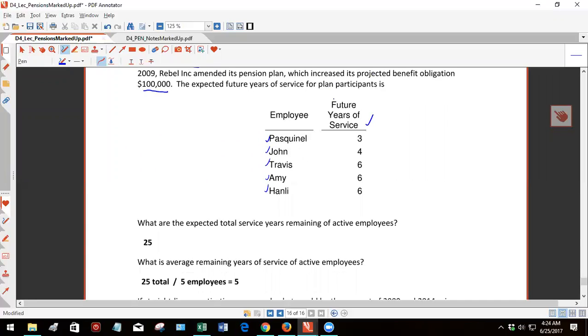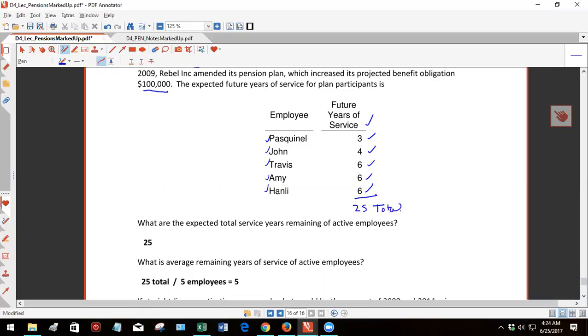All right, so we expect Pasquinel to work 3 more years and then retire. John 4, Travis 6, Amy 6, and Henley 6. So 3, 4, let's say 6, 6, 6 is 18, 22, and 25.